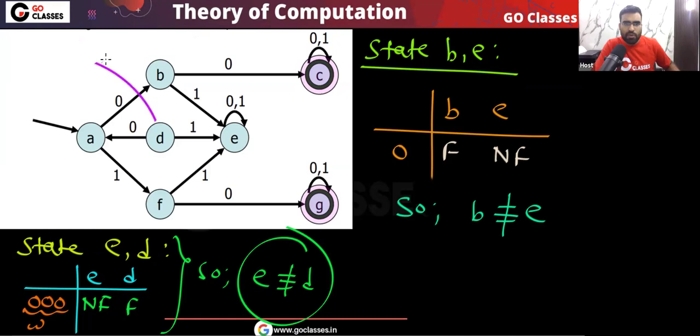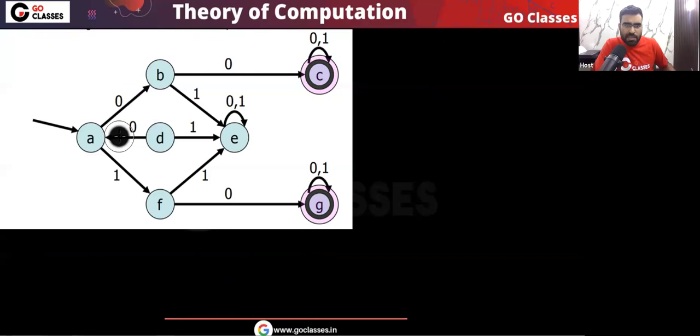We don't even have to check it. Because it is unreachable, you should remove it in the beginning. Very simple. Is this point clear?